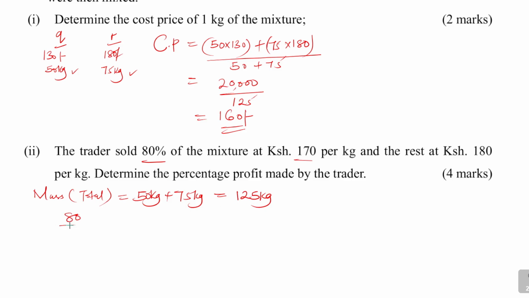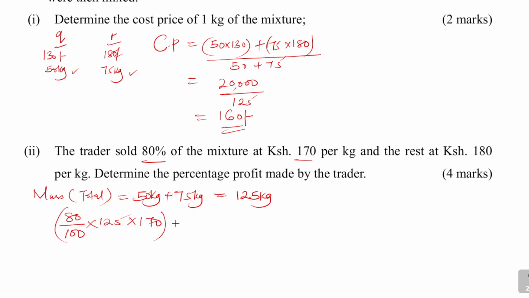So 80%, which is 80 over 100 of 125, at 170. So the trader sold 80% of the mixture, the mixture is 125 at 170, like that. So that will give us the selling price of the 80% of the mixture.